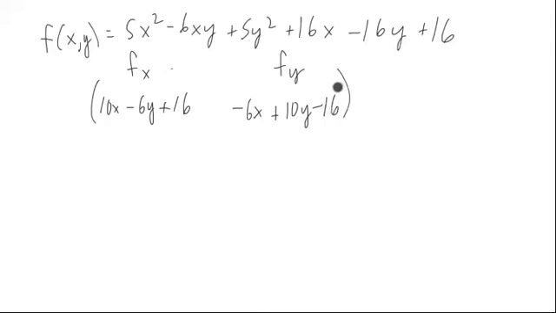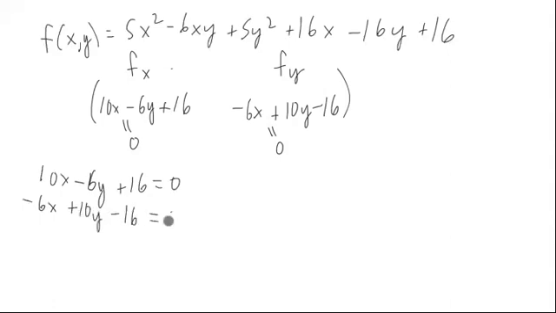Okay, so this is our first derivative, and we'd like this to be 0. That means we have a system of two equations. We want that 0, we want that 0. So we could put these down here and solve that out and see where we're going to be looking: minus 6x plus 10y minus 16. There are various ways of solving a system of equations. Here, first let's just divide everything by 2.